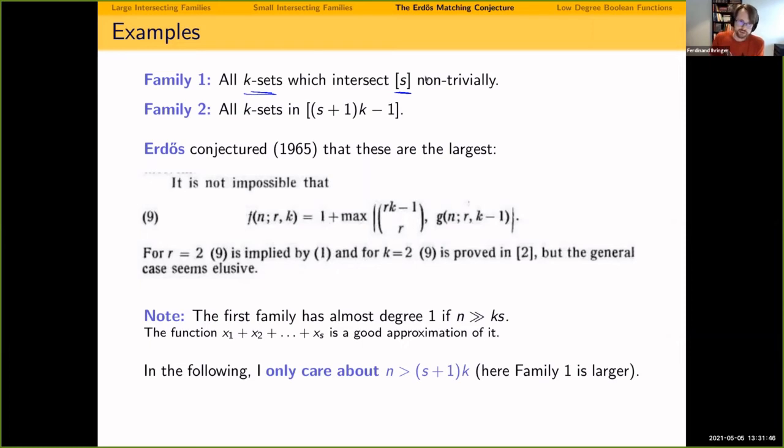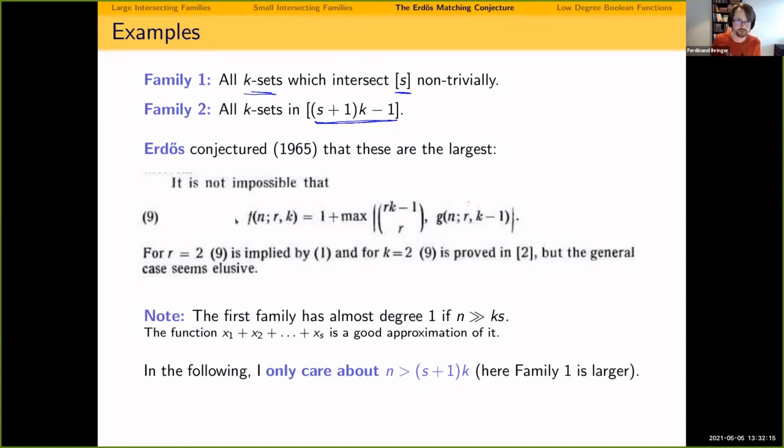Now, you can also take all k-sets, I mean, that's the other obvious thing to do, that are contained in the first (s plus 1) times k minus 1 elements. And you cannot have s plus 1 disjoint k-sets in there. And Paul Erdős conjectured a long time ago that these are the largest, or at least people say it's a conjecture. He had a very nice phrase.